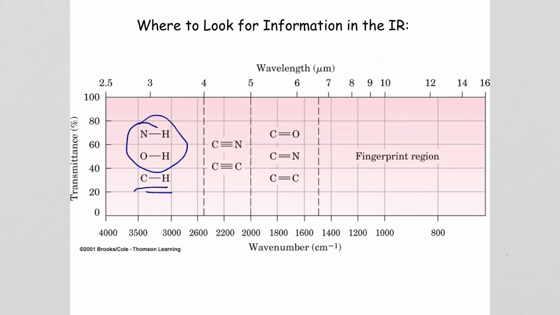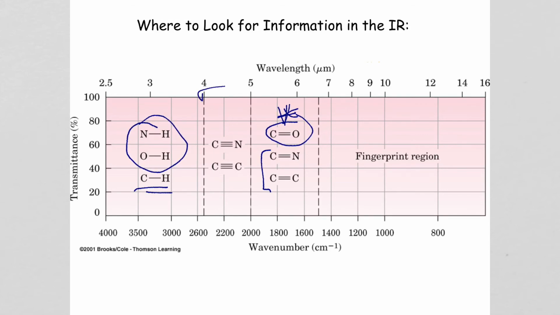Also, roughly between 1500 and 2000, that's where you find that carbonyl stretch, which is really, really indicative of a lot of different functional groups, and also a CN and a C double bond C stretch. You can also find that in those regions, but this carbonyl one is really, really important.